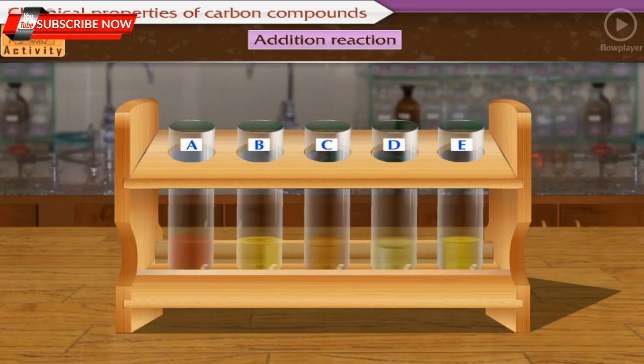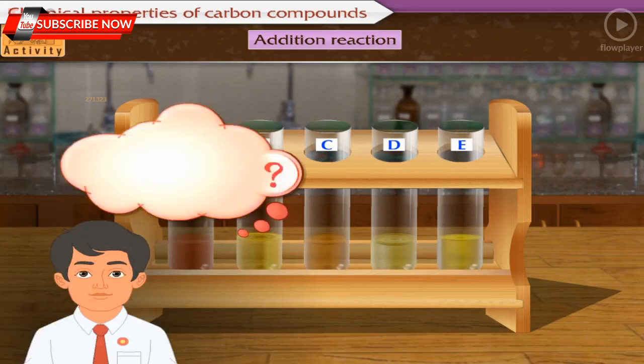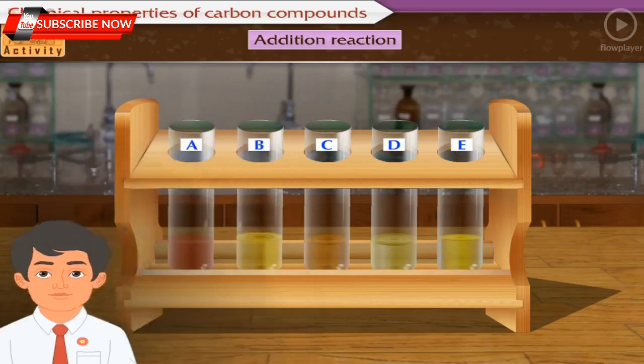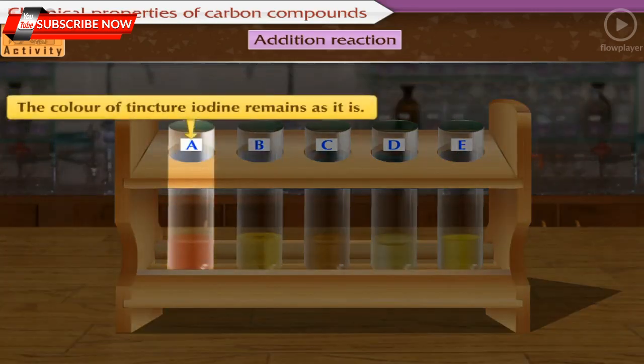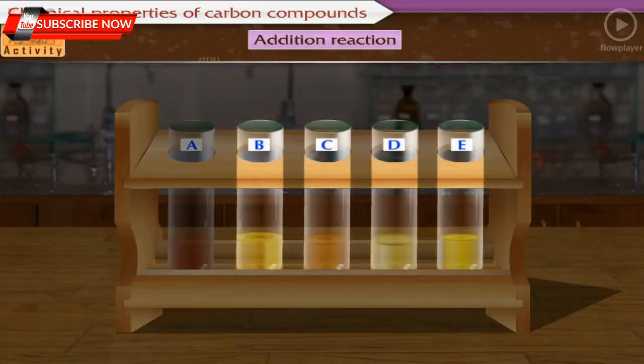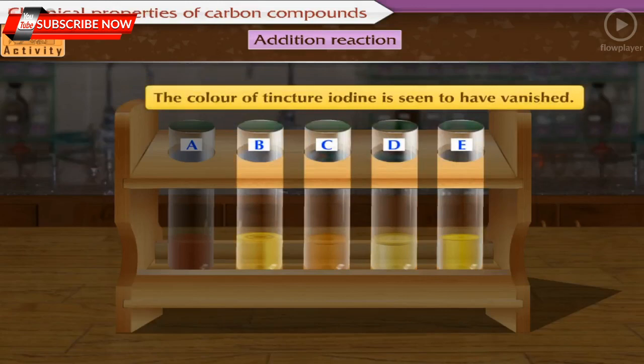Now let us add 4 drops of tincture iodine in each of the 5 test tubes and observe. What do you see? The color of tincture iodine remains as it is in the test tube A, while in the remaining other test tubes, the color of tincture iodine is seen to have vanished.